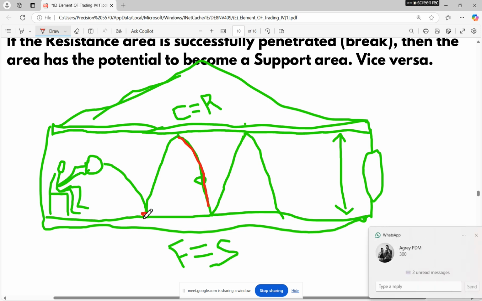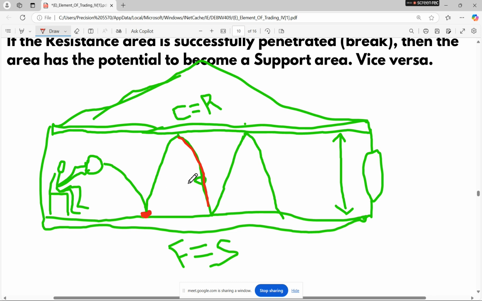This swing low becomes our area of attention for support. We identify it as support.